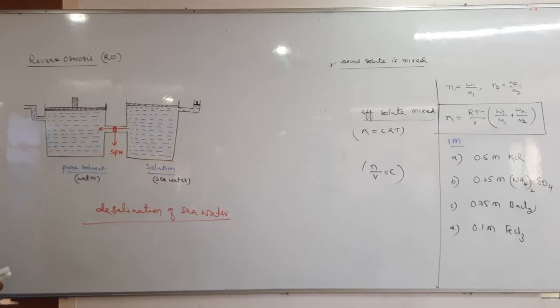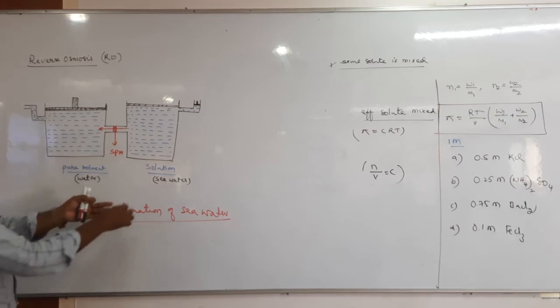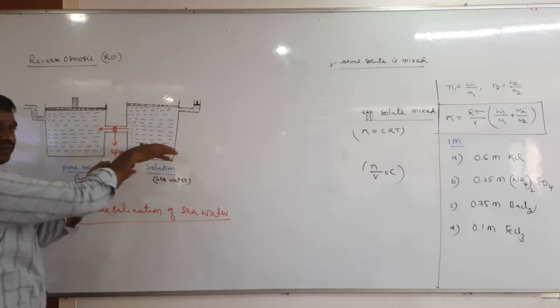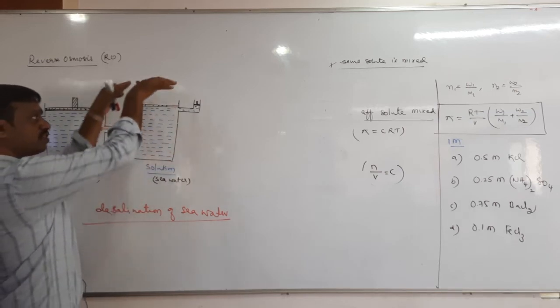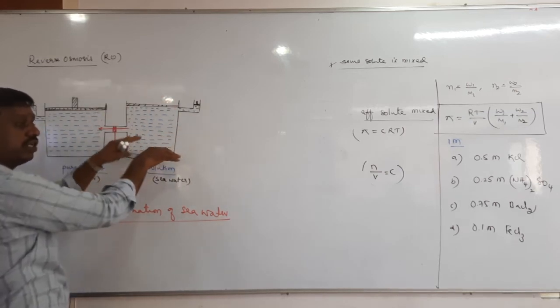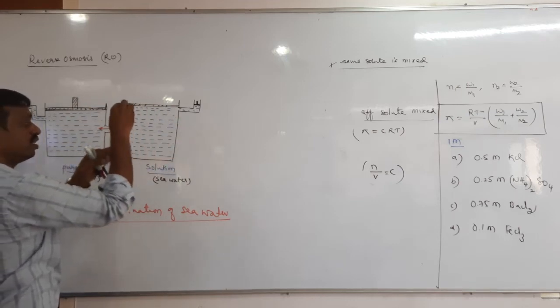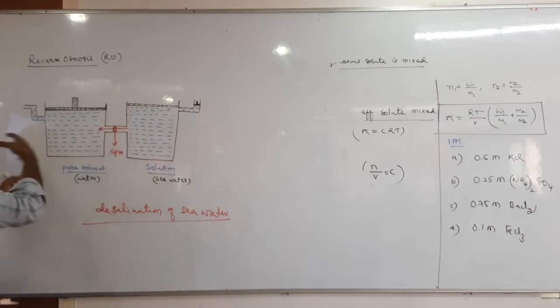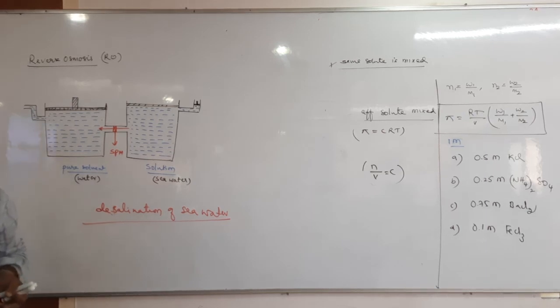Right. In this process, we apply pressure on the side of the sea water. When you apply pressure on the sea water side which is greater than the osmotic pressure, then water molecules can move from the sea water side into the pure water side. Then you will get pure drinking water. So as I told, it is a very simple and common process. It is used in all water filters.